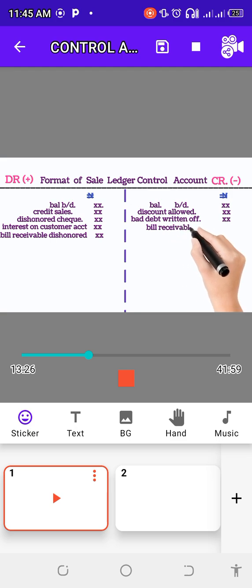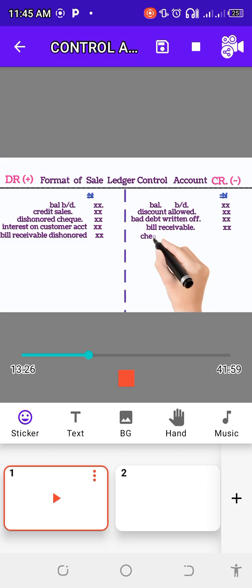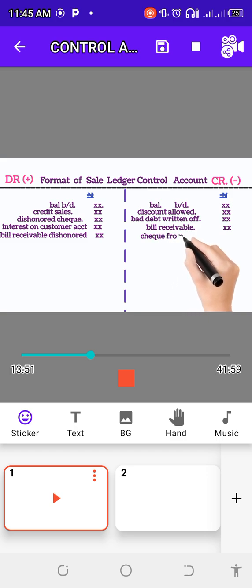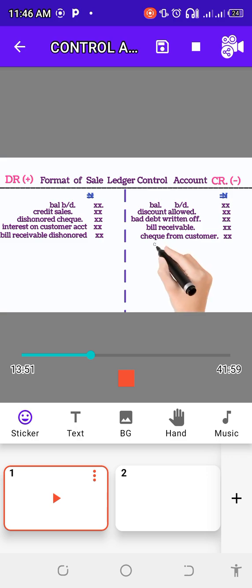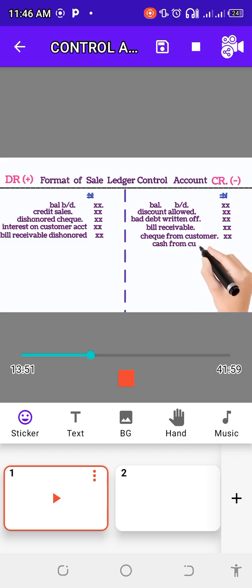Now, bill receivable, like cash received, is also a reduction in the total amount of debts. A check from a customer, that is money paid through the bank by check, also reduces the total debt. When we get a cash payment also, cash payment reduces the amount the debtors are owing the business, so it will be on the credit side.